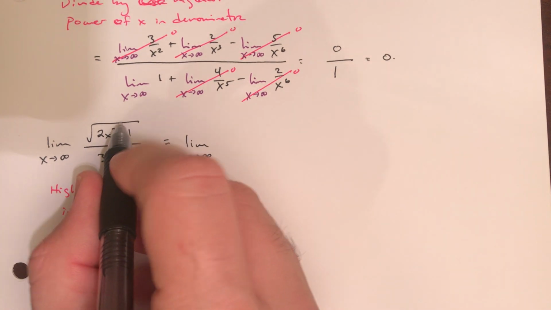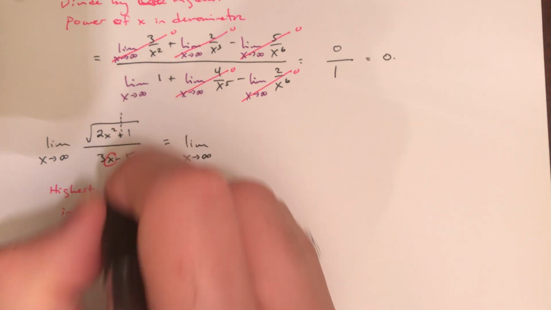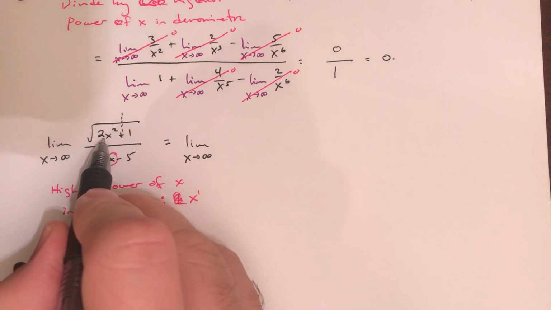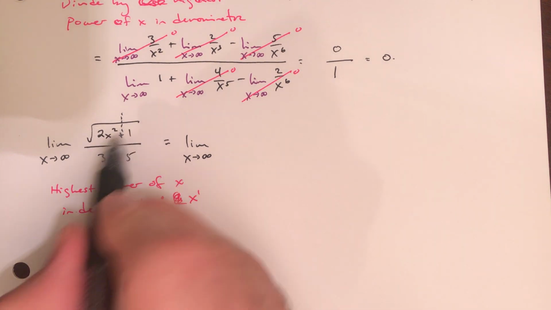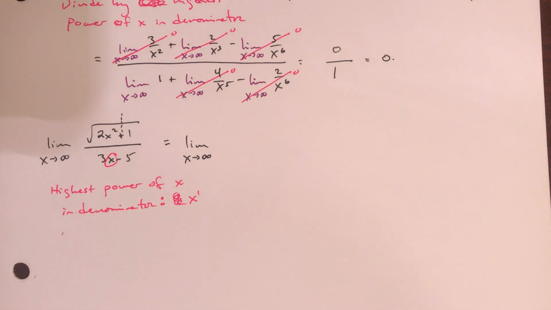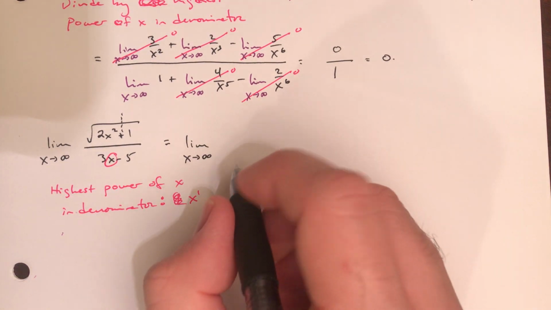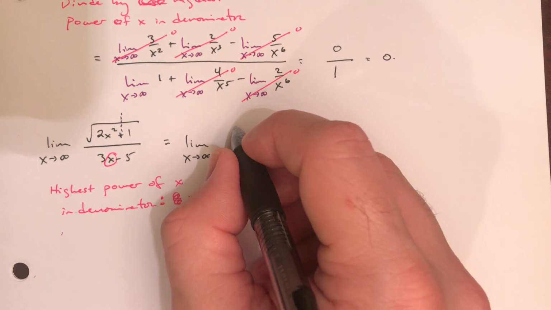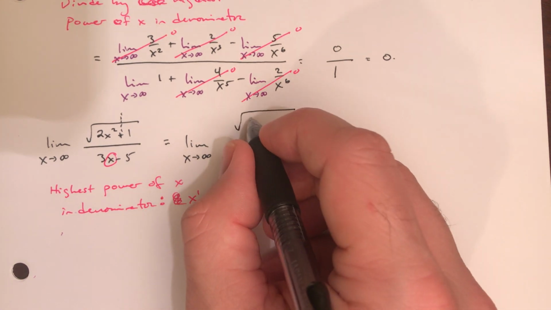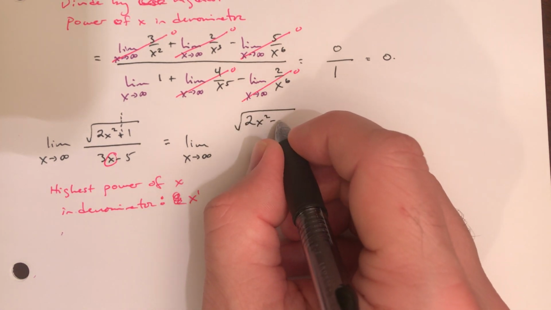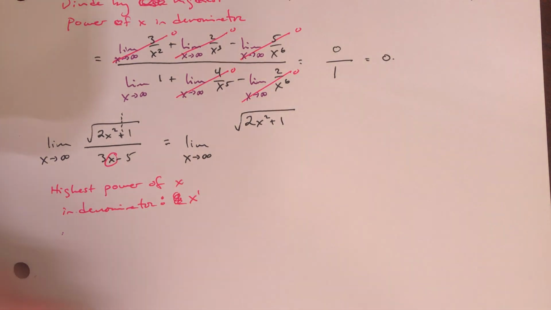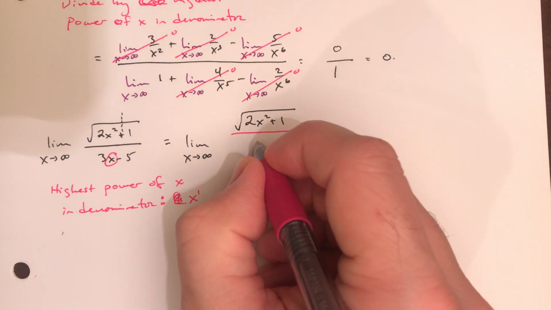Now we can't split this radical up and say the square root of 2x squared plus the square root of 1. We know that radicals are not linear operations. We cannot distribute them, so that's not allowed. But we are going to do a little trick. I'm going to take 2x squared plus 1, and we're going to divide all of that by x.